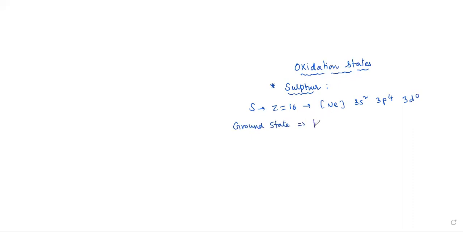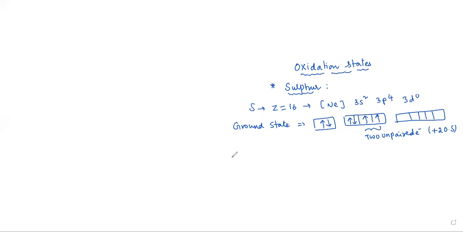In the ground state configuration, 3s is having 2 electrons, 3p is having 4 electrons, 3d is empty. In ground state, if you observe it, there are 2 unpaired electrons. So it can exhibit +2 oxidation state with these 2 unpaired electrons.